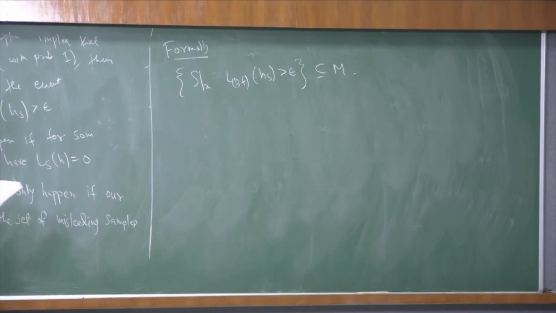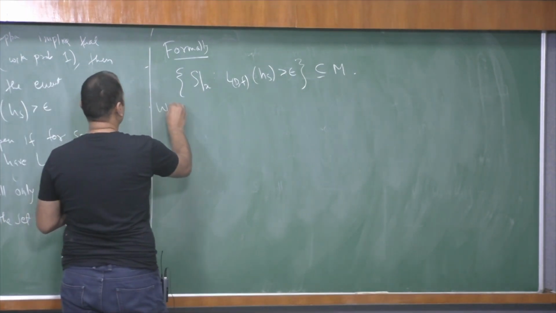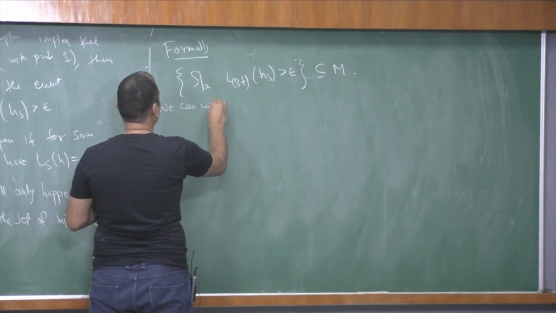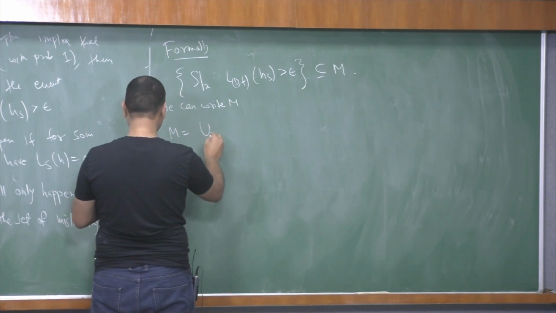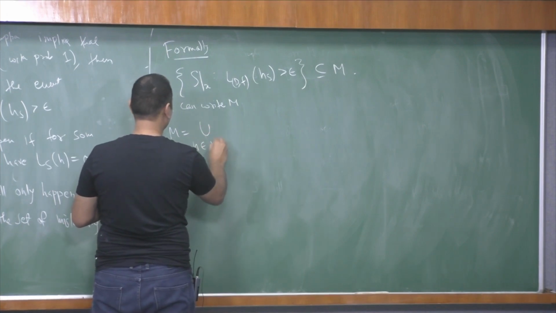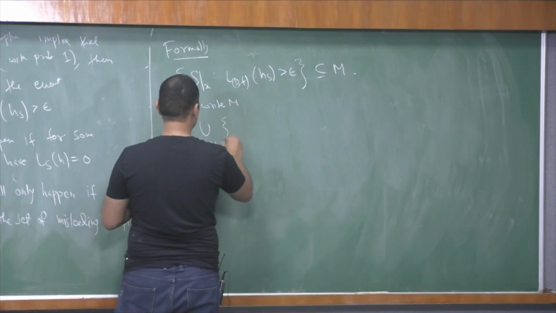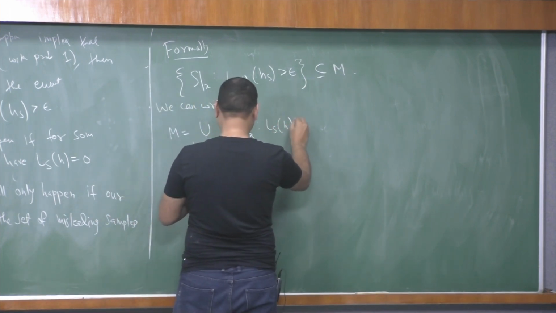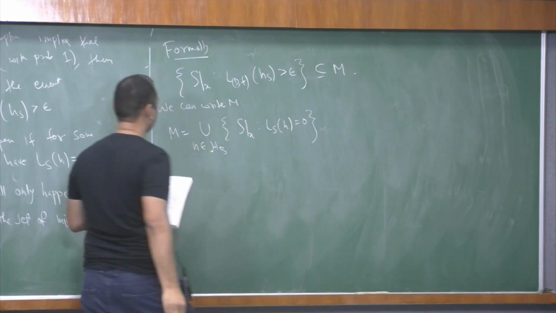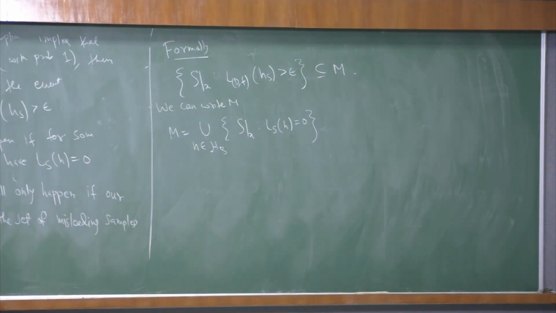So we can write M as the union over h in H_B of {S_X : L_S(h) = 0}.